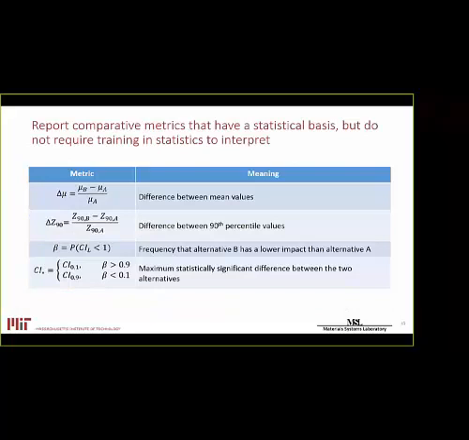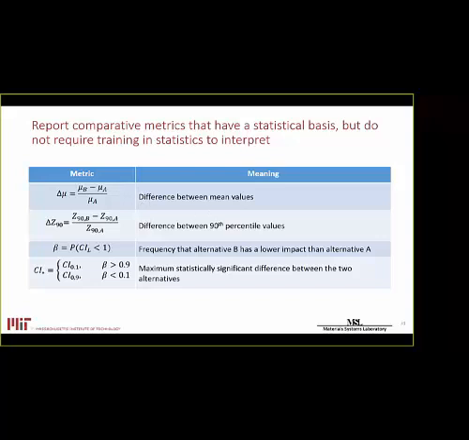I think that we also have an opportunity to report comparative metrics that have a statistical basis, but don't necessarily require training in statistics to interpret. For example, in a deterministic analysis, what you would generally report when comparing two alternatives would be the difference between them.